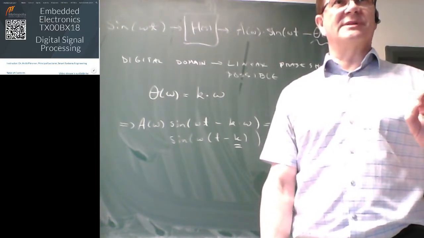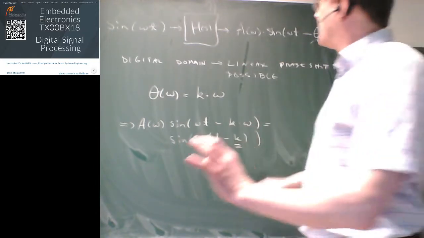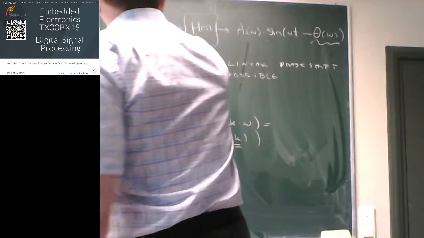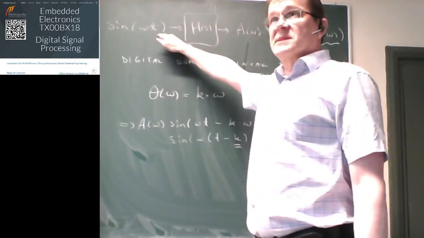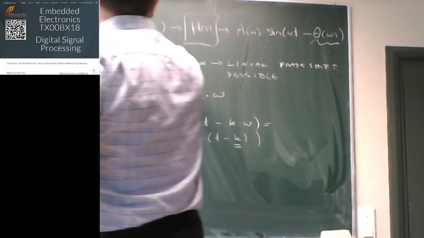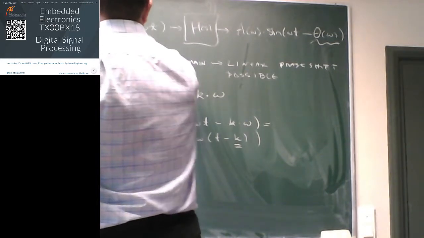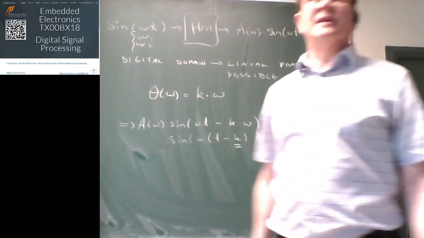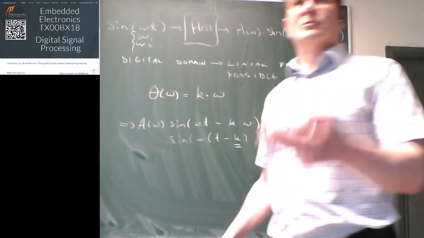Okay, good property, especially if you are doing, say, a telecommunication system and have omega 1, omega 2, and so on that are carrying the information. For example, a dual tone multiple frequency kind of system.